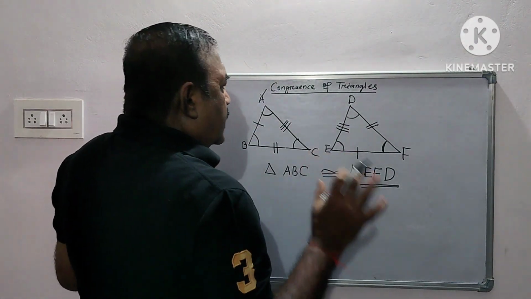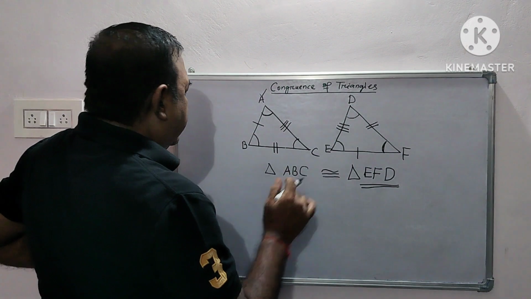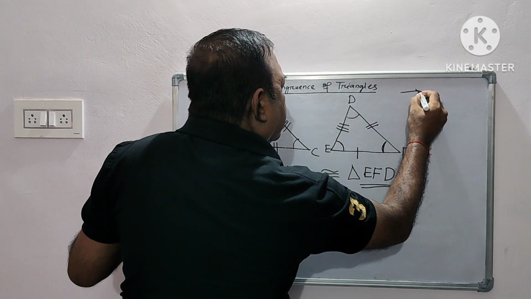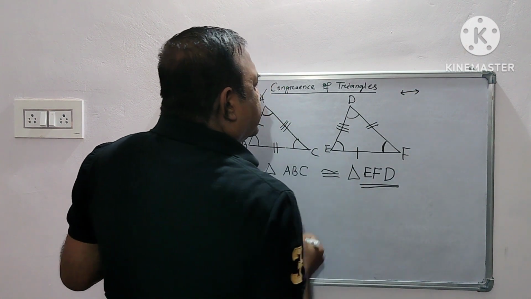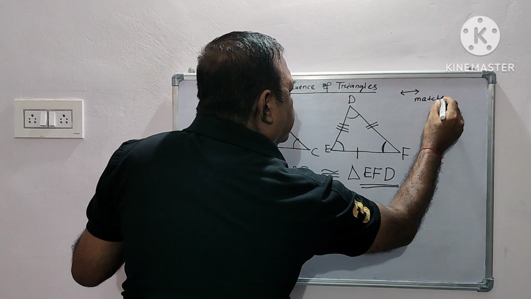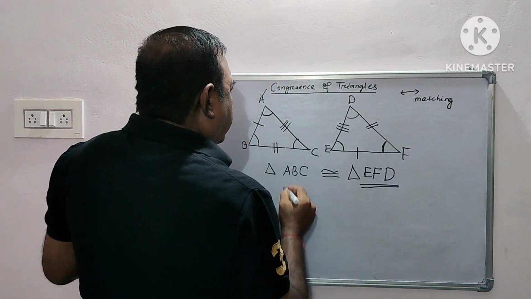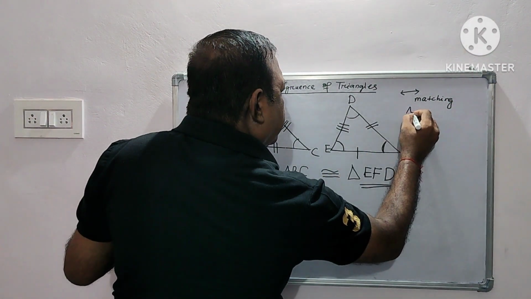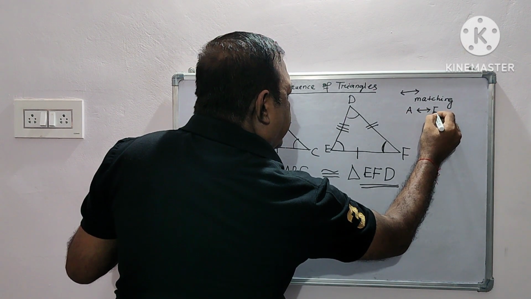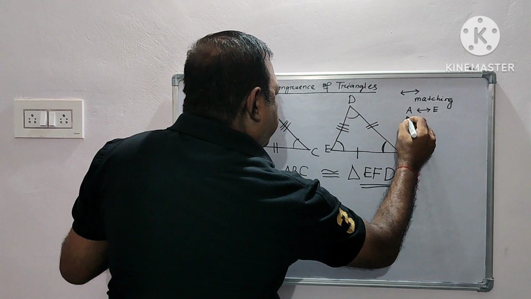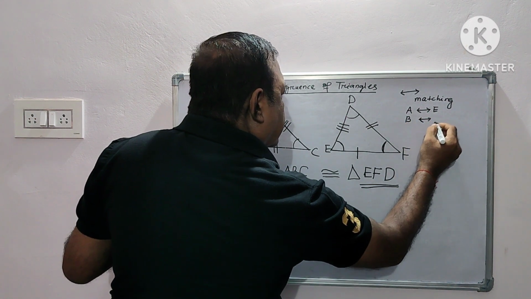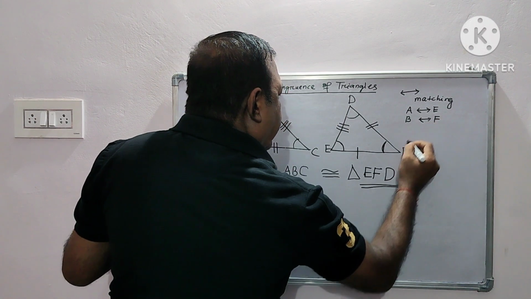I have forgotten to mention here, you see this symbol is used for matching. That means the vertex A matches to vertex E. Vertex B of the first triangle matches the vertex F of the second triangle.